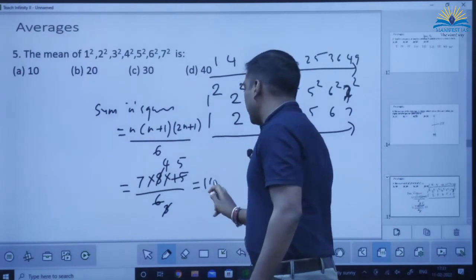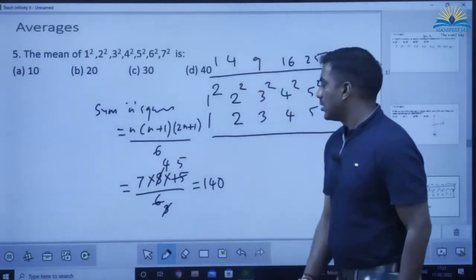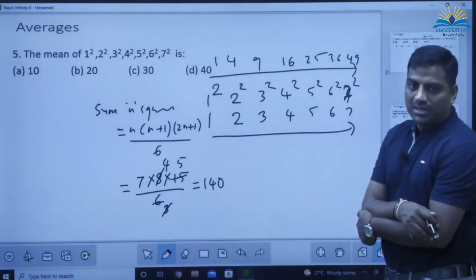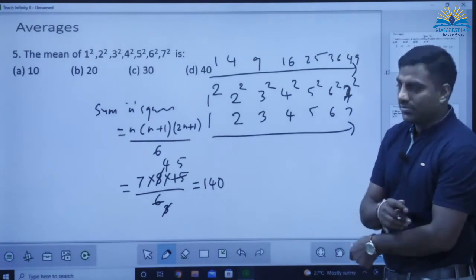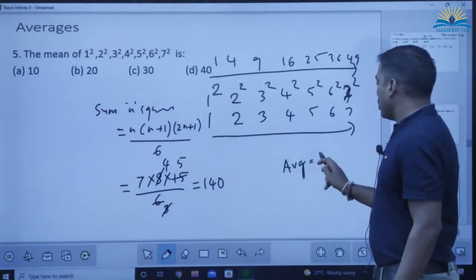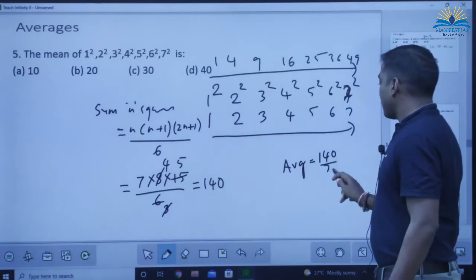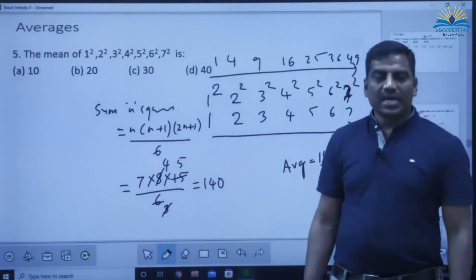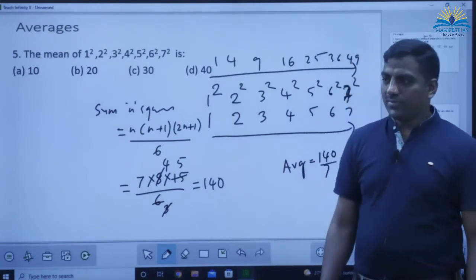So this is 140. It is the sum. But what will be the mean? Divided by 7. Average is equal to 140 divided by 7. That is 20. Got it? They are neither in AP nor in GP.